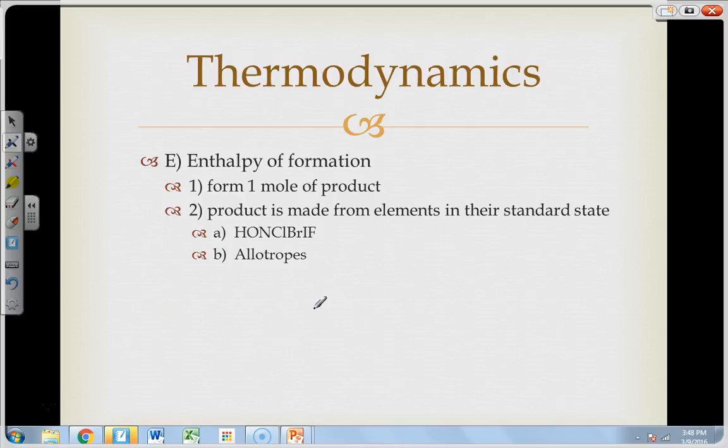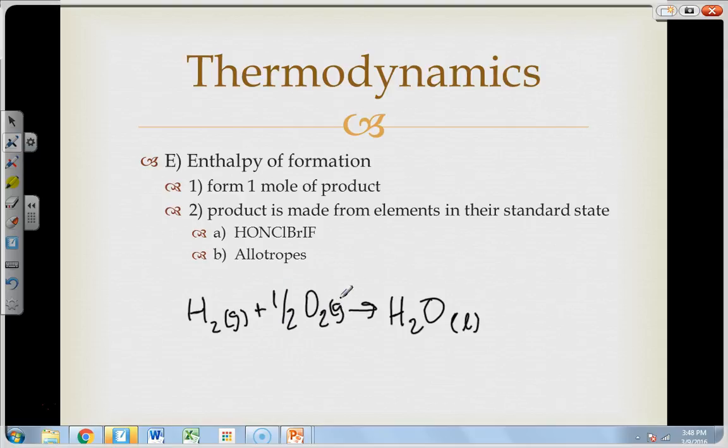Okay, so a formation reaction is going to be when we make water, H2O, and so let's make it liquid, from H2 gas plus 1/2 O2 gas. The point is that when we do a formation reaction, the product needs to be just 1 mole.